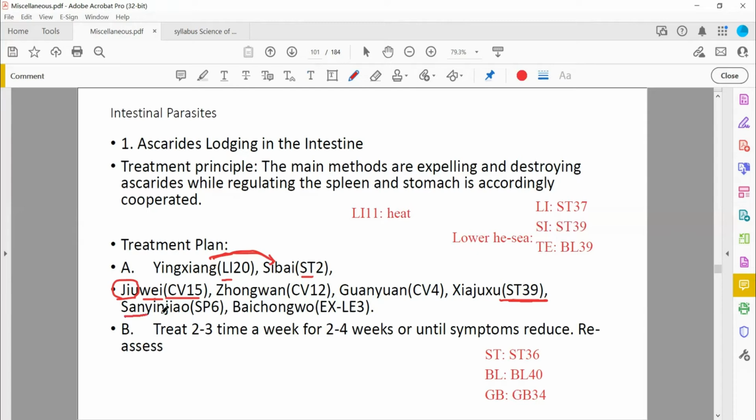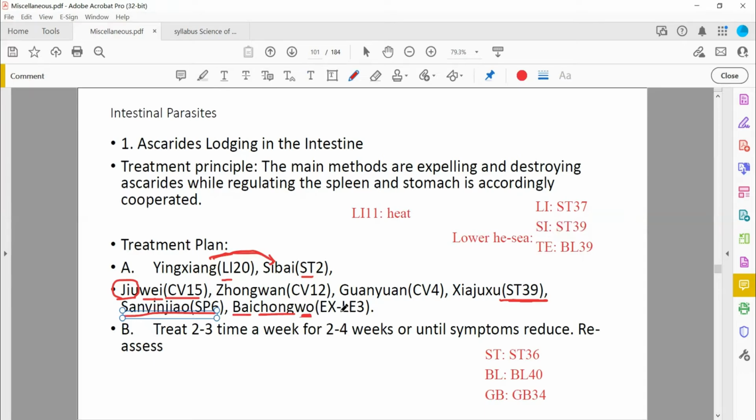And Sanjiao has P6. This one is kind of general, middle jiao. 百虫窝, 百 means 100, 虫 means parasites, 窝 means where they live, right?